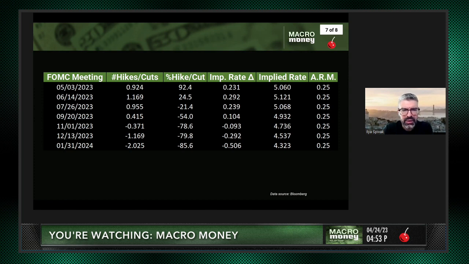So meaningful cuts there. So by October, you've reversed the hike, well, or November rather, as I mentioned earlier, no meeting in October. By November, you've reversed the hike. By December, you've cut by an extra 1 time. By January, you've cut by an extra 2 times.